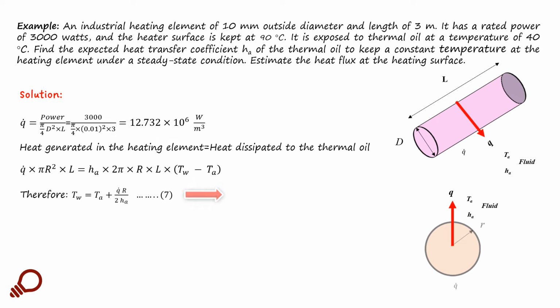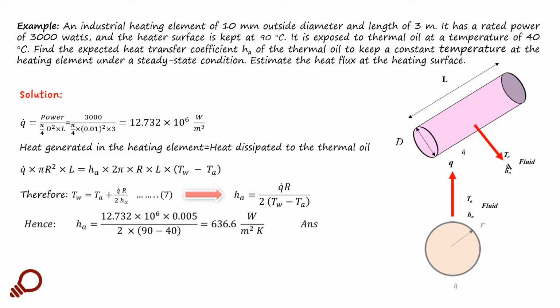And T sub W will be obtained from equation 7, which has already been found before. That will give h sub A, because T sub W is known, q dot is also a known value, capital R, T sub A, all these values are known.